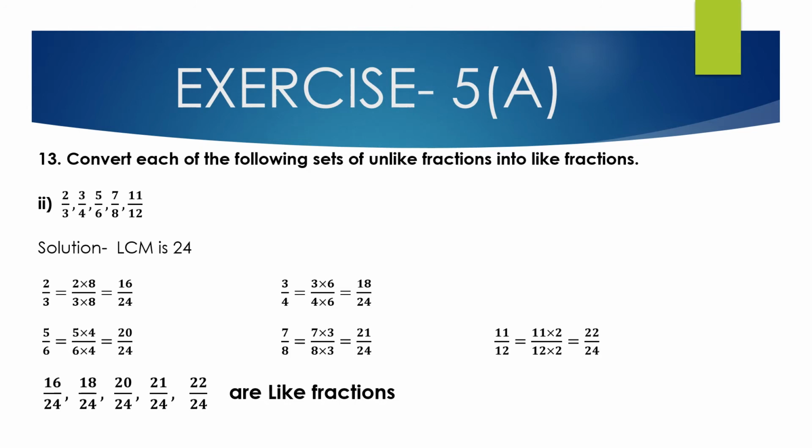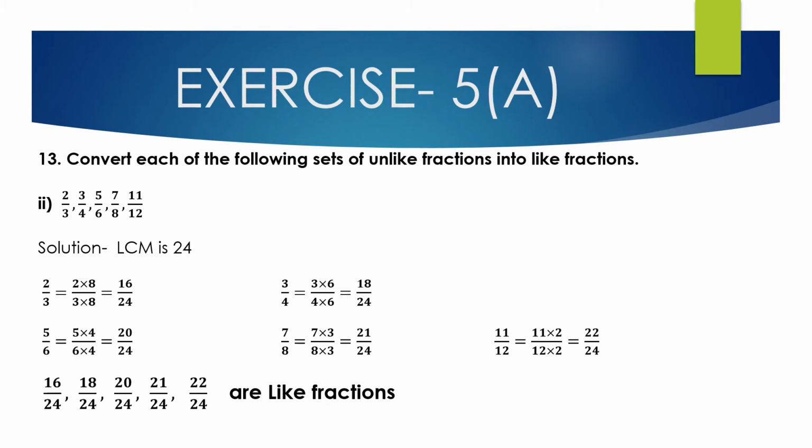Now converting all unlike fractions into equivalent fractions with denominator equal to the LCM, that is 24, by multiplying the same number with numerator and denominator.